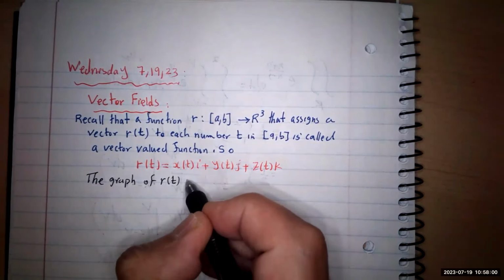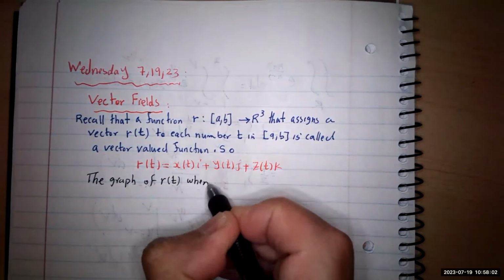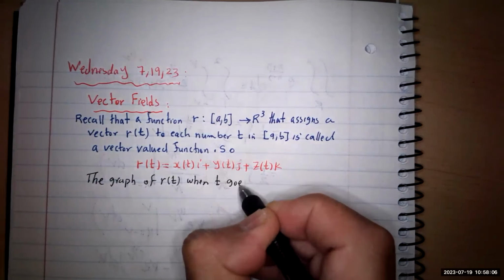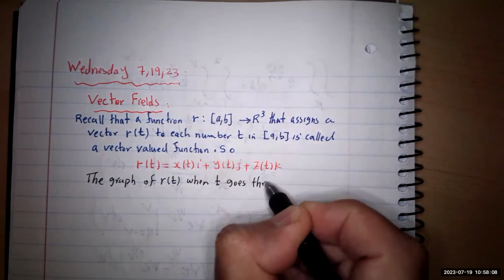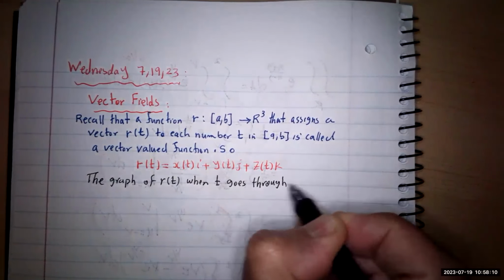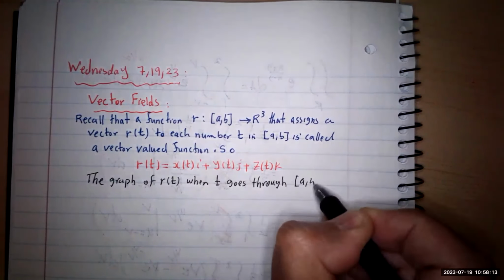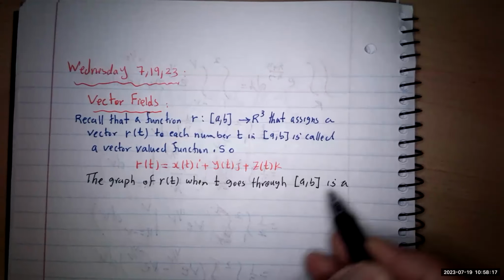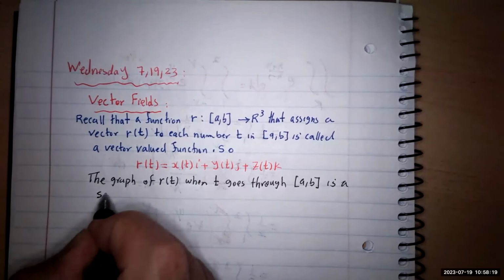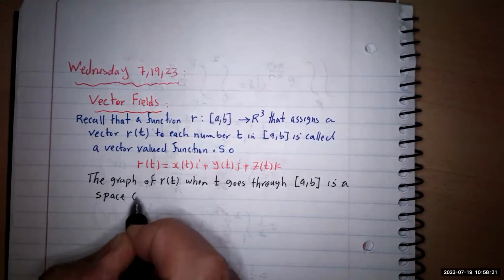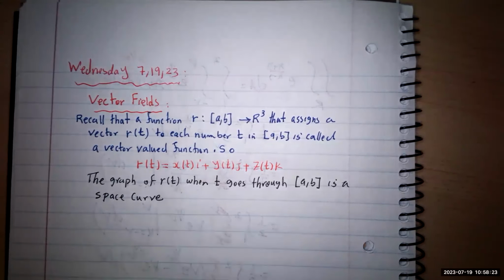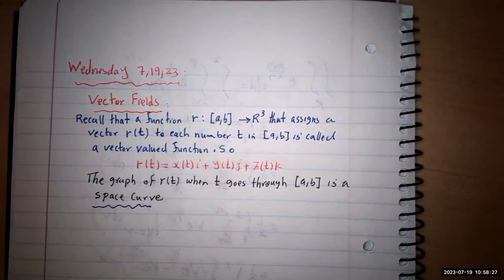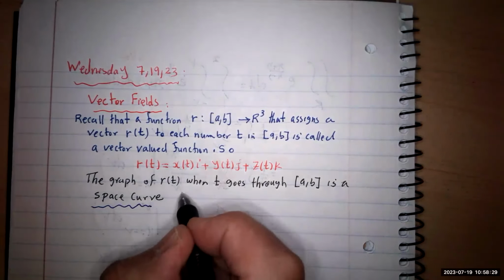When t goes through this domain, of course, the domain of the closed interval, that is a space curve. We refer to it as a space curve C.